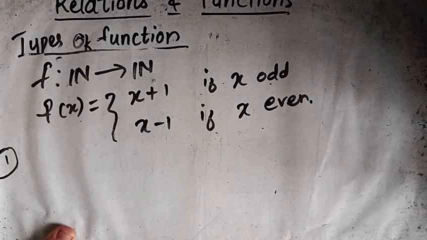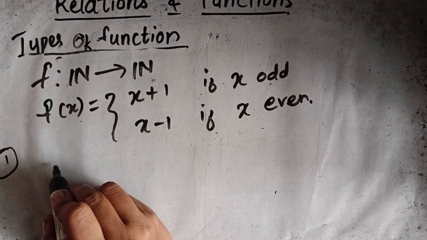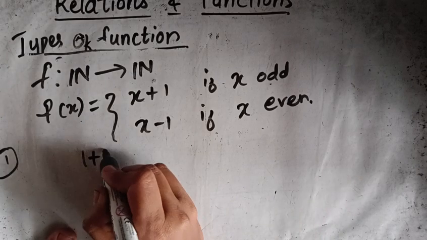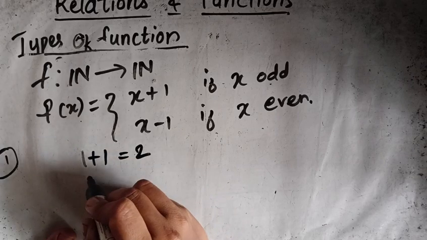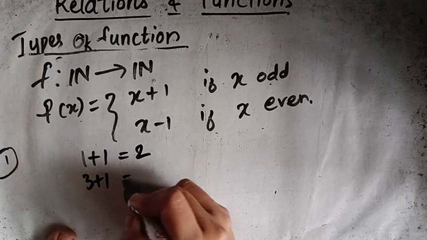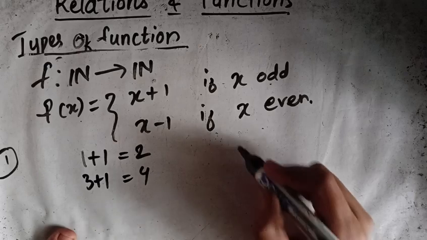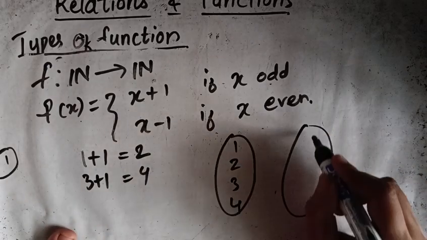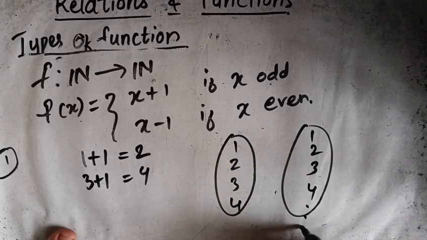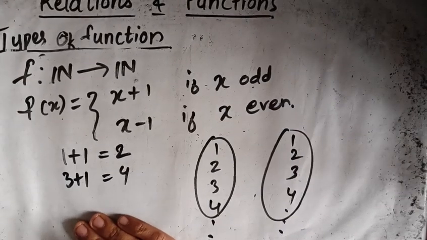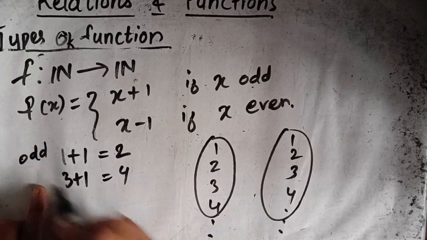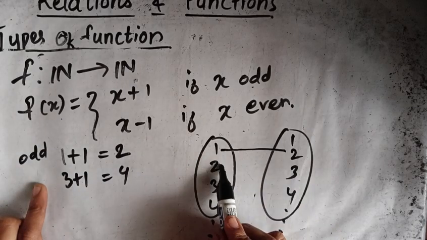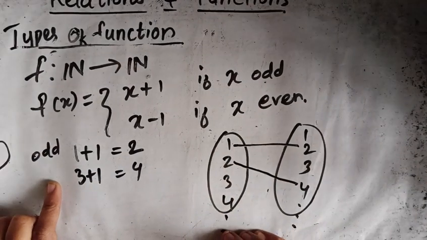So if I take x plus 1, x is odd, so starting from 1, 1 plus 1 will get 2, then 3 plus 1 will get 4. So all odd numbers are going to even numbers. Okay.